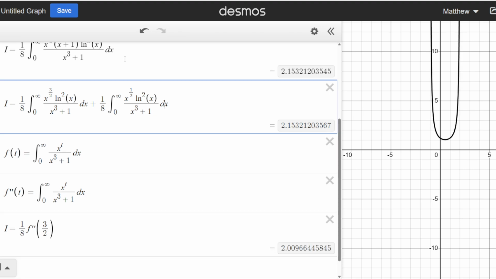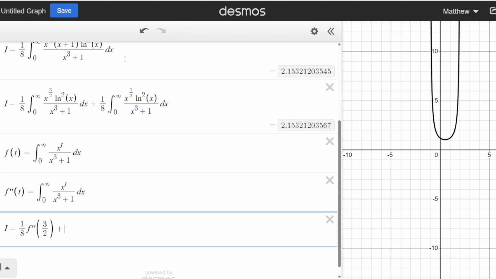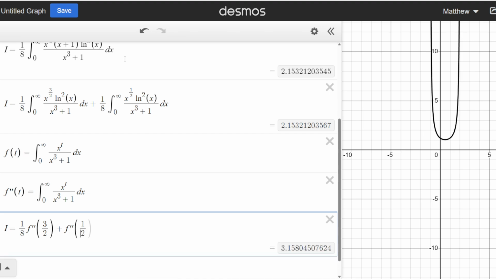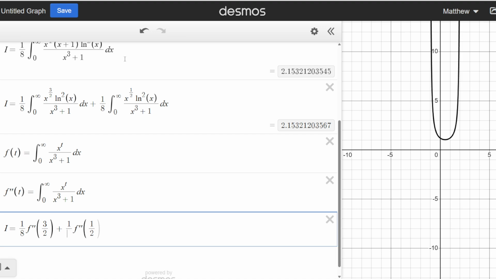You see, we do actually have 1/8 of f double prime where t is 3/2, and where I got that was right here. But now we need to take care of this part. That's just going to be f double prime at 1/2 plus f double prime at 1/2. Oh yeah, and of course 1/8.